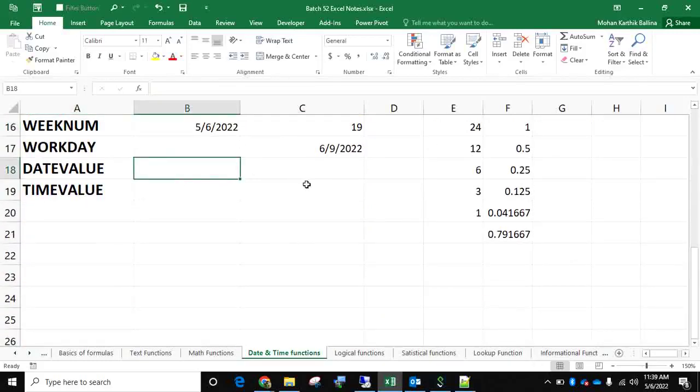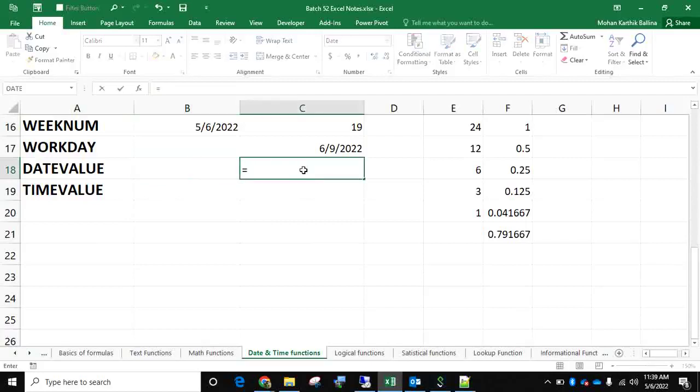Date value. Sometimes our date is in text format.